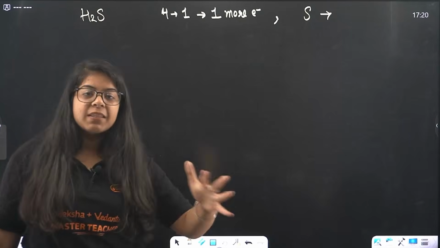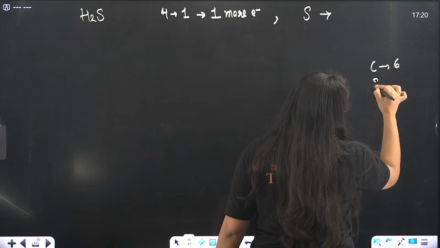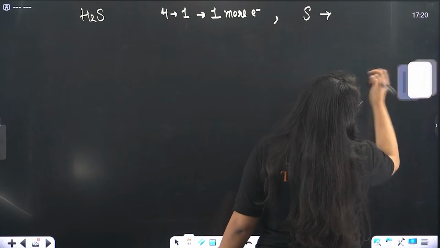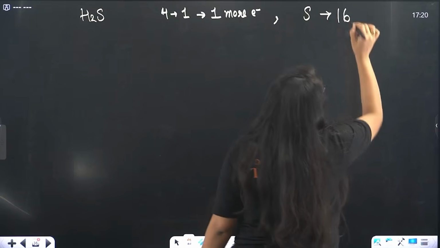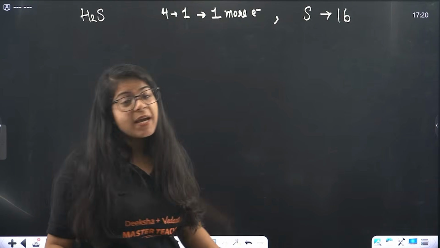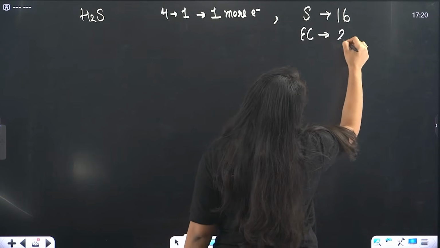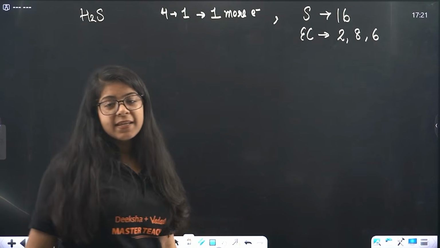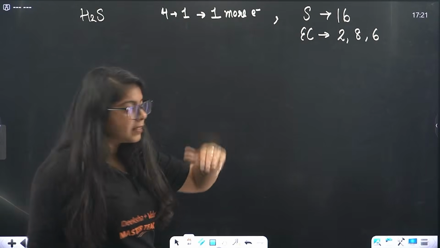Sulfur has 16, so what is the electronic configuration? 2, 8 and 6. Not carbon and sulfur, I got confused. Oxygen and sulfur are in the same group.